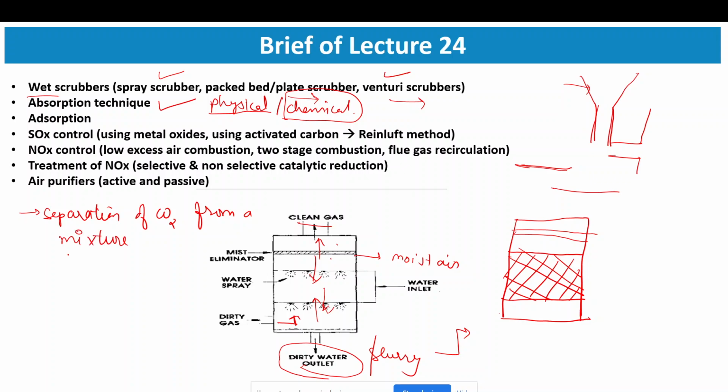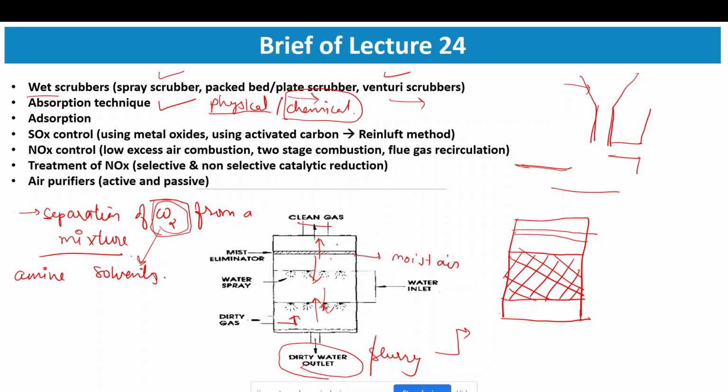CO2 can reversibly react with amines or various amine solvents. So CO2 will react with these amines, and after reaction, CO2 will be separated from air. This is how you can separate CO2 from air.